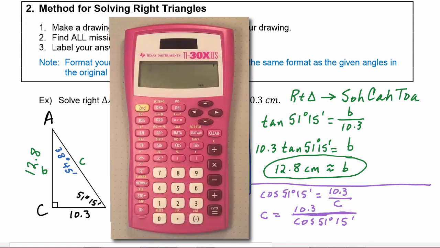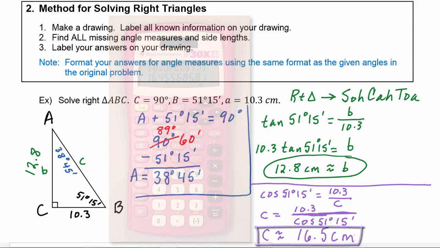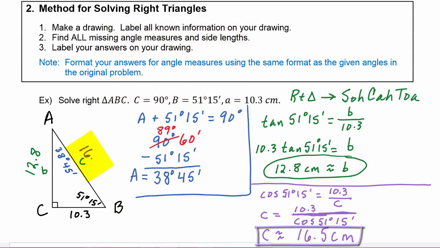And now we go ahead and pick up our calculators and do this calculation. 10.3 divided by cosine 51 degrees 15 minutes. And we see that little side c is going to be approximately 16.5 centimeters. So we come up to our drawing and we label the 16.5 on our drawing.